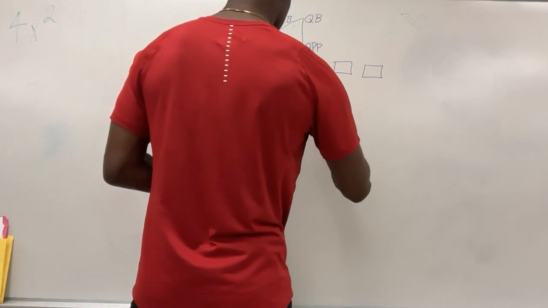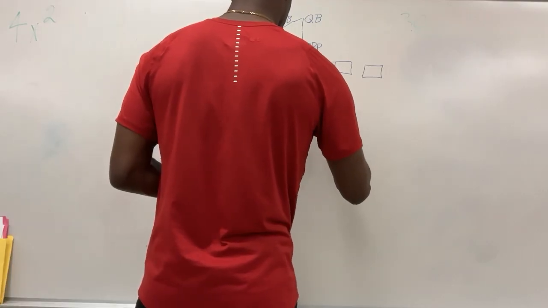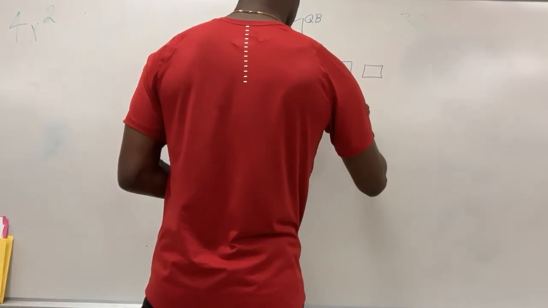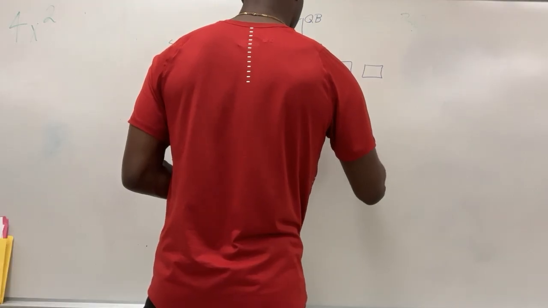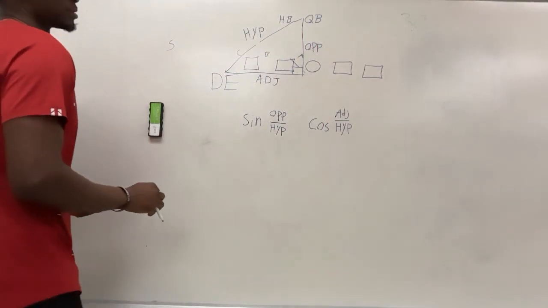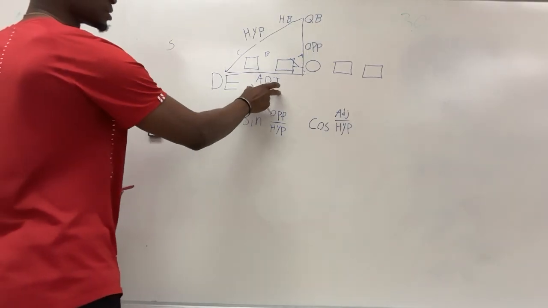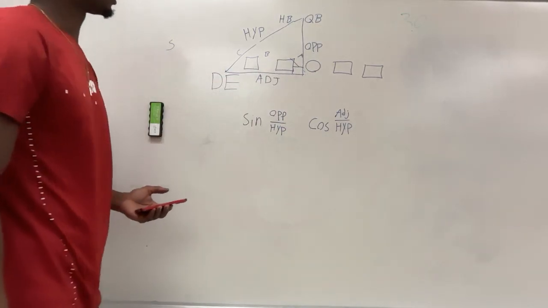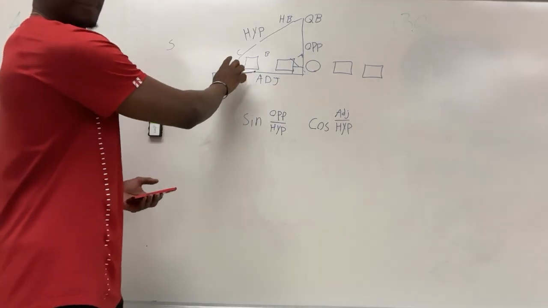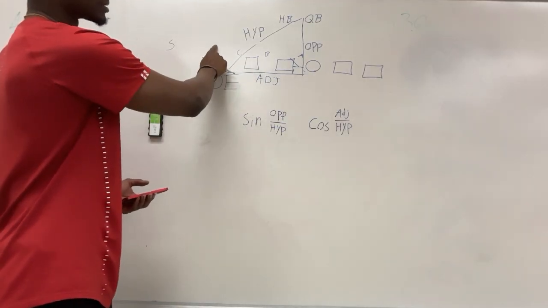Then we have cosine, which is adjacent over hypotenuse. So adjacent, this is where you're playing inside contain. Maybe this might be a run play. You are holding contain from the outside. You don't want anything to bounce outside.